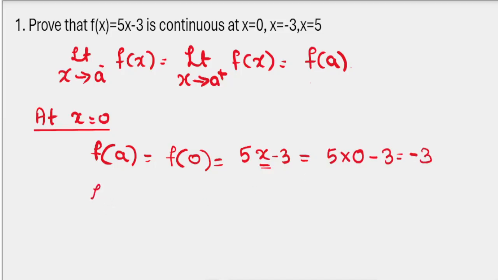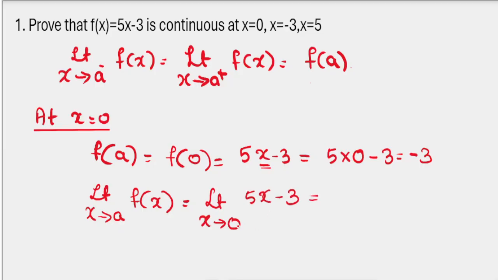Okay. Next we'll see the limit. Limit x tends to a f of x. Okay, here there is no left hand limit and right hand limit, so we can take it as limit x tends to a f of x. So this is limit x tends to, here a is what? 0, and f of x, the function is 5x minus 3. Now you can apply the limit, that is x tends to 0.